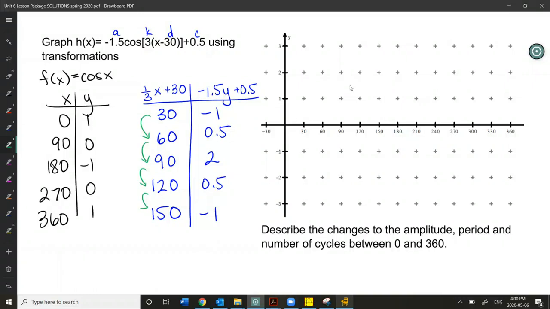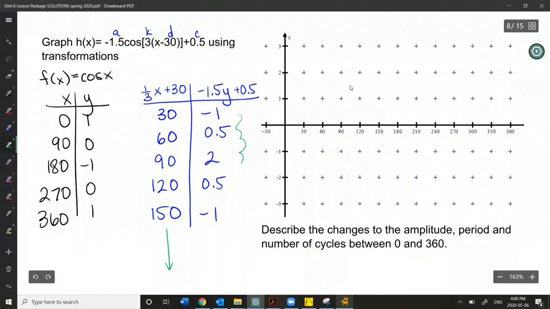I can extend by just continually adding 30. I don't necessarily need to do every single calculation once I see the pattern in here. Also, if I were to do 2 cycles of this, I can simply continue this forward and start repeating my pattern of y values. So I'm going to show you that when we graph here.